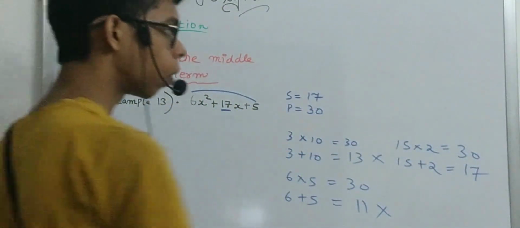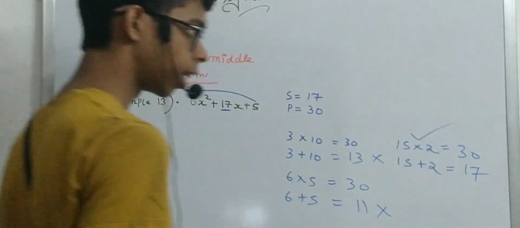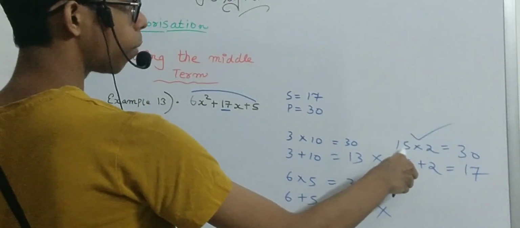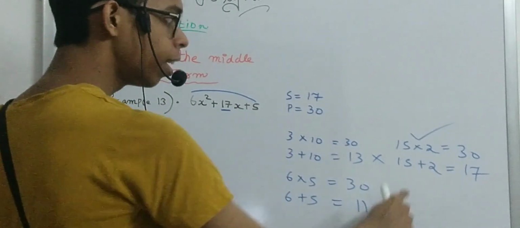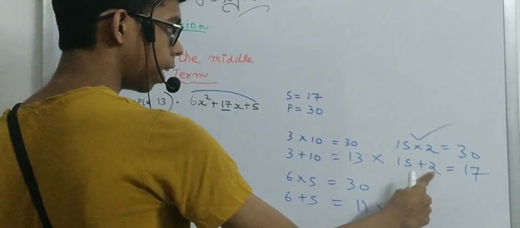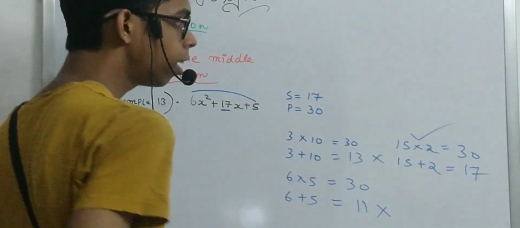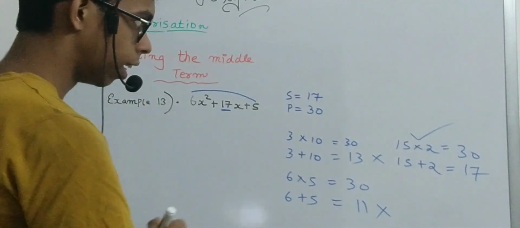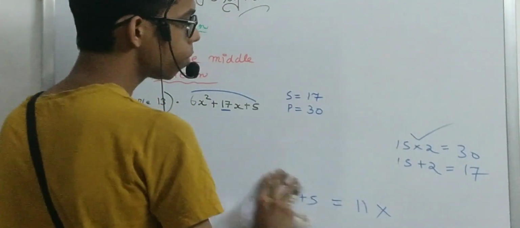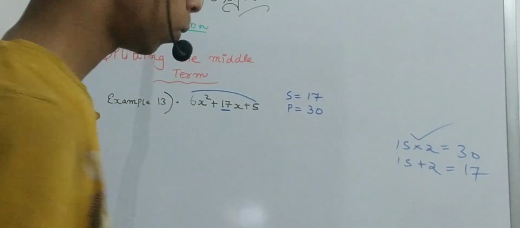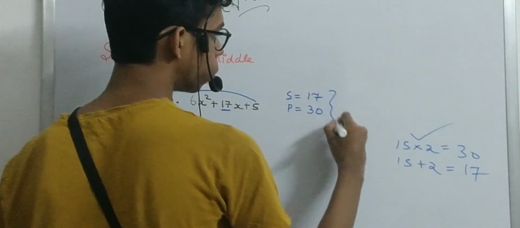So now we have got a perfect set over here. That means when we multiply 15 and 2, we get the product as 30. When we add 15 and 2, we get the sum as 17. The numbers that we require for factorization are 15 and 2.